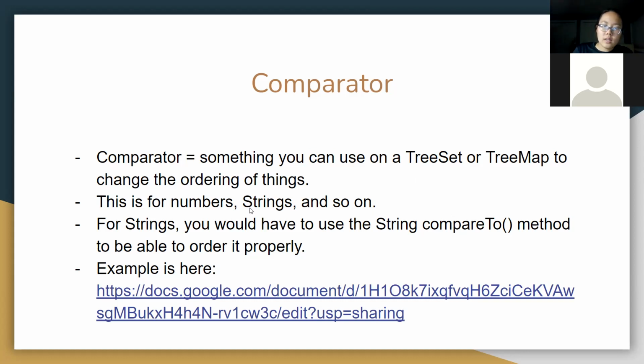Like it says, you can use this for numbers, strings, and so on. For strings, you'd use the string compareTo method to order it properly. Remember how last time I talked about using the already built-in string compareTo method to reverse the ordering of things? That's what I'm talking about here. You would use the one that's already built in to swap everything.